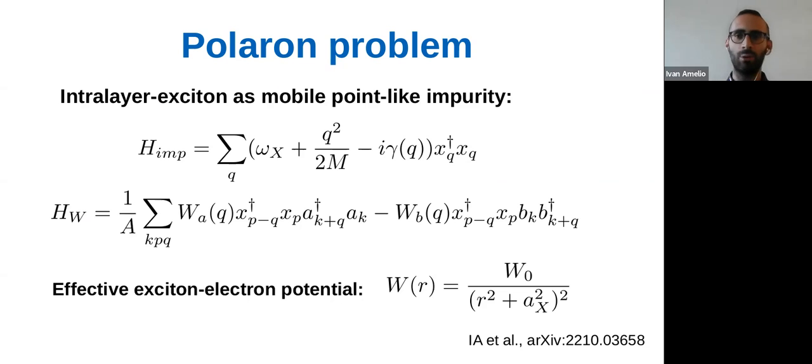Okay, so this was the few-body problem, which is a super important ingredient to understand polaron spectra. So now let's come to the polaron spectra. First of all, the few-body problem involves a 4-body problem.